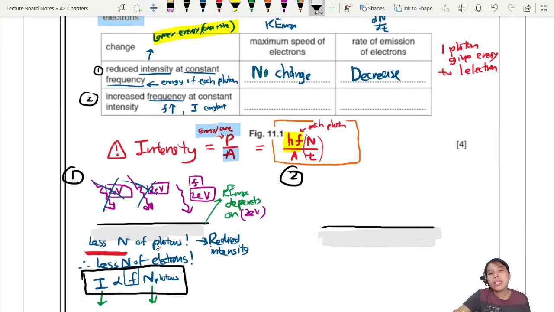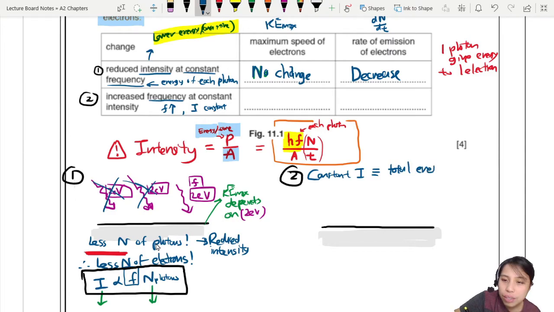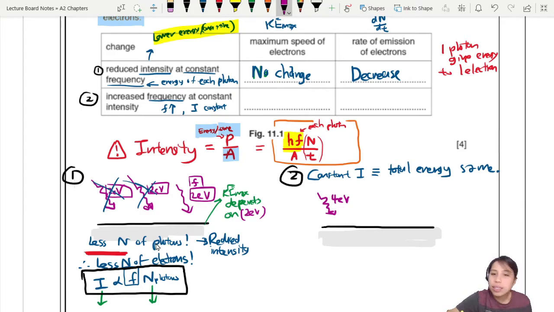Constant intensity means that the total energy is the same. So now each photon coming in, at first maybe it has 2 eV like the left side. Now increase to 4 eV. Whoa. So that means there must be a lesser number of photons coming in.